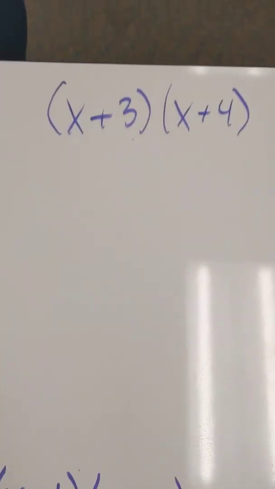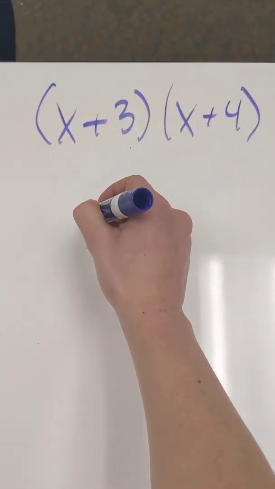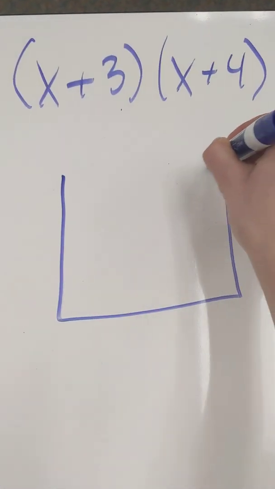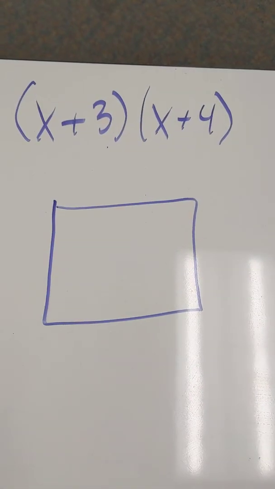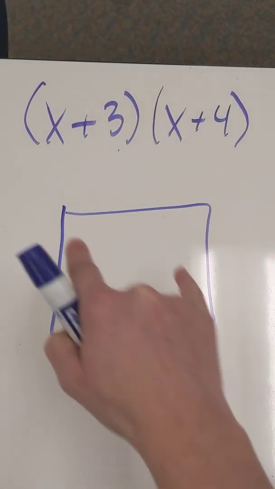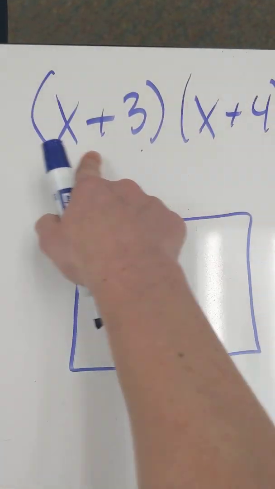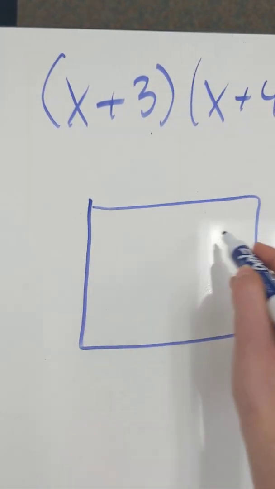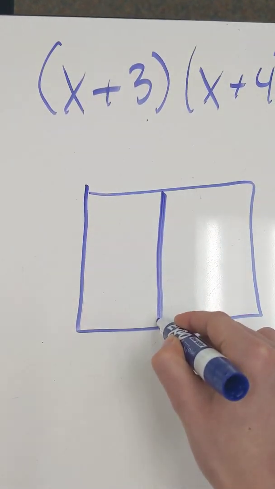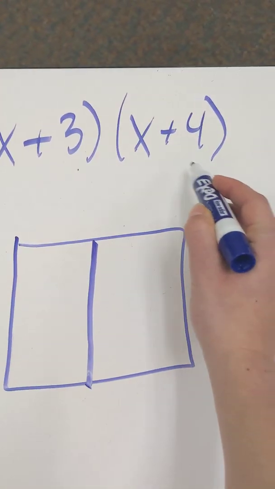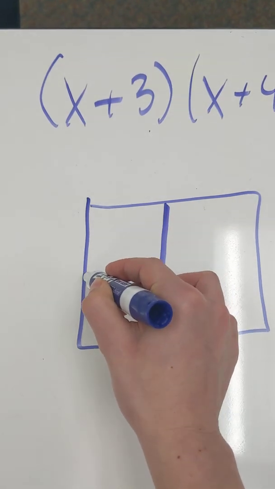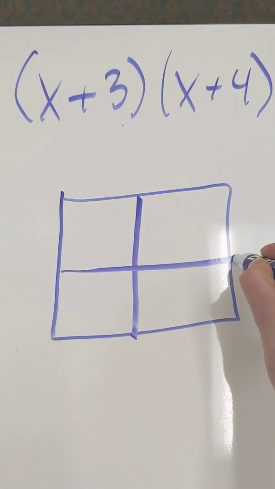So in our example, you're going to start with drawing a box. Then you're going to split this box up based on how many terms are in this parentheses and how many are in this one. There are 2 terms here, 1, 2. So I need to split this up into 2 parts. And there are 2 terms here, so I need to split the side up into 2 parts.